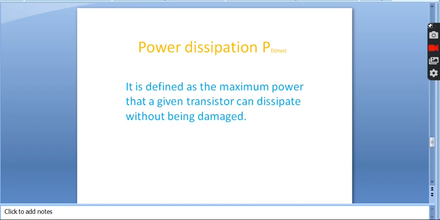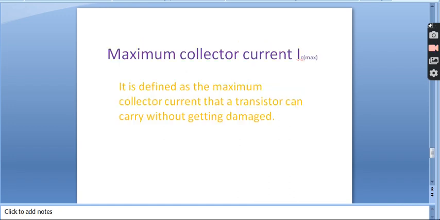That means it is going to short the terminals, and then the transistor is damaged. So when we specify the transistor, another needed specification is power dissipation. Based on power dissipation, you have to give that much input to the transistor.